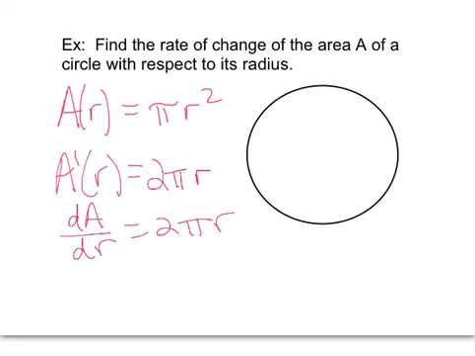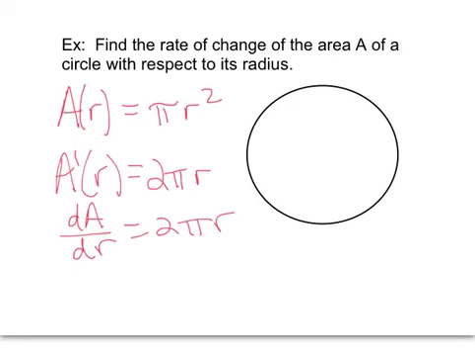Now let's think about this for a minute. As radius changes, so does the area. But the bigger the radius gets, the bigger the change in area, because think about this right here. If we add another centimeter onto this, we're going to add some area. But way out here, if we add a centimeter, we're actually going to add more area than we did here.